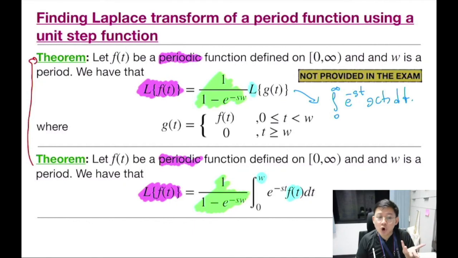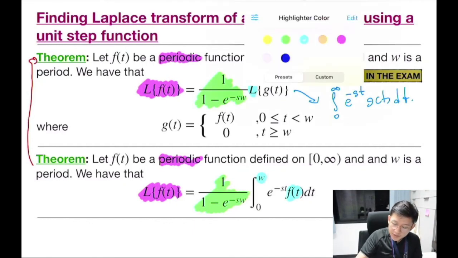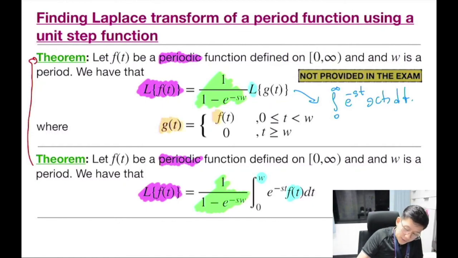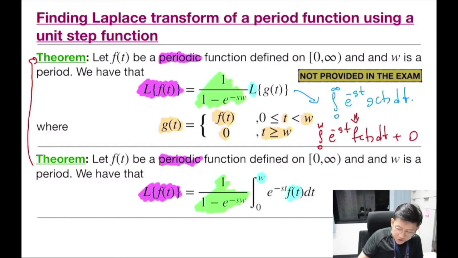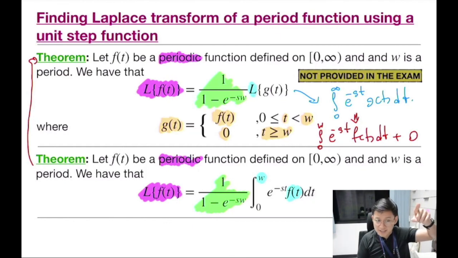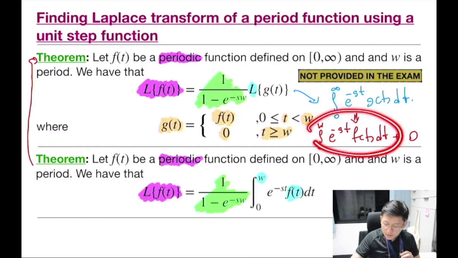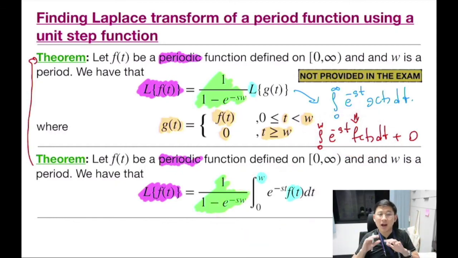They are the same because g(t) is defined as f(t) when t is less than w, and it's defined as 0 when t is bigger than or equal to w, which means that this integration is actually the integral from 0 to w of e to the minus st f(t) dt plus 0, because the integral from w to infinity is going to be 0 since g(t) is 0 on that interval. That's why they are the same.